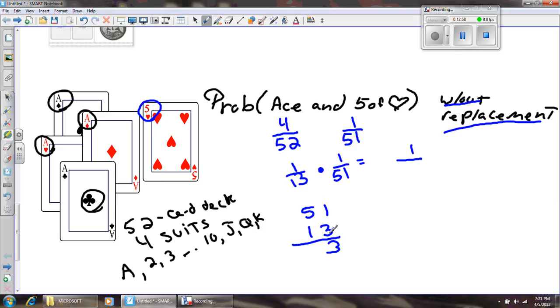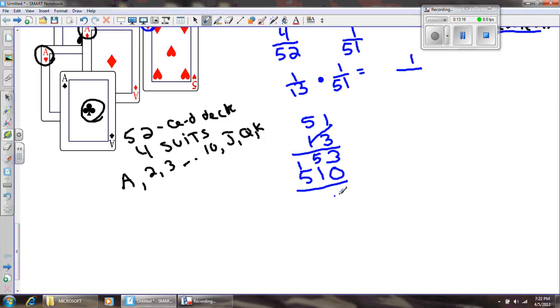So there's 15. 3 times 5 is 15. So I'll write down 15. Now I have to put a placeholder here. And 1 times 1 is 1. And 1 times 5 is 5. And so that'll come out to be 3, a 6, and a 6. So that'll come out to be 663.